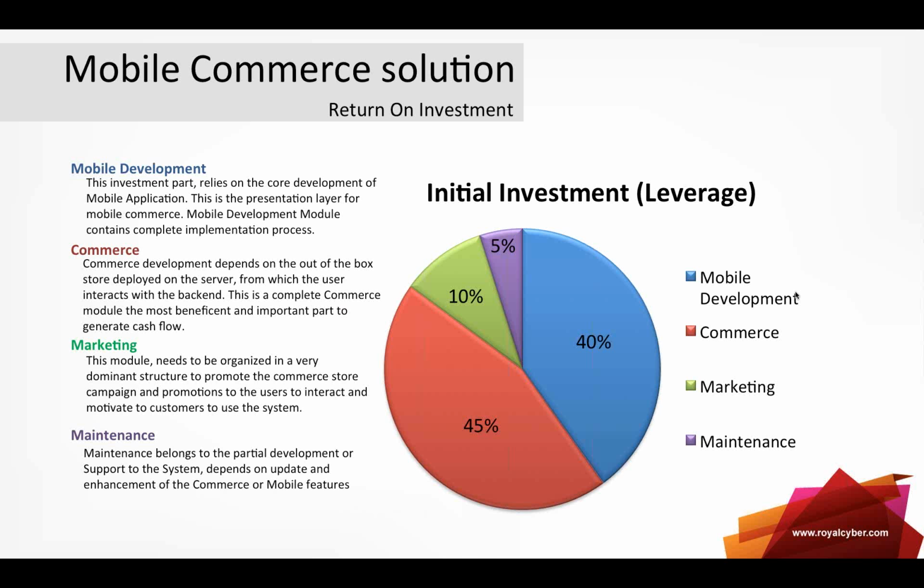So you need to make the commerce ready so that we can tie in mobile strategies around it. The point of this slide is to showcase what goes into the initial investment of ramping up your mobile strategy, marketing, and the maintenance aspect of it. This is very crucial if you are thinking about a mobile strategy or trying to jumpstart your mobile strategy.